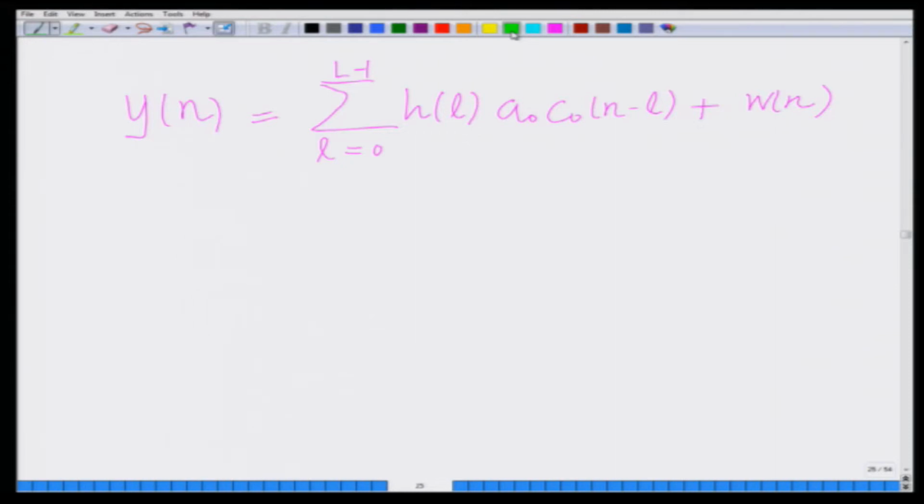Okay. So, substituting xn is equal to A0 C0 n or xn minus l equals A0 C0 n minus l, we get this equivalent system model.